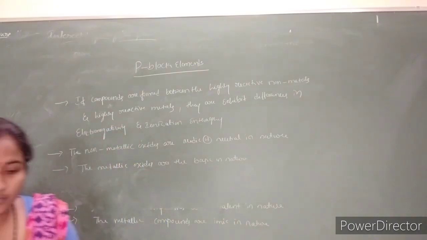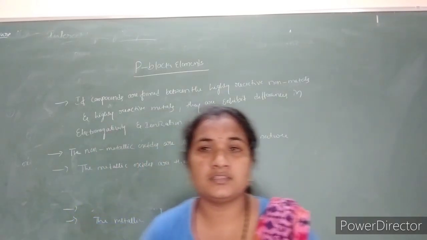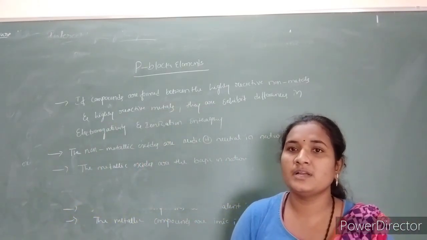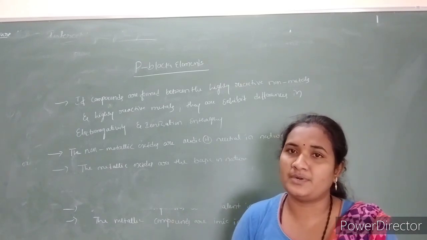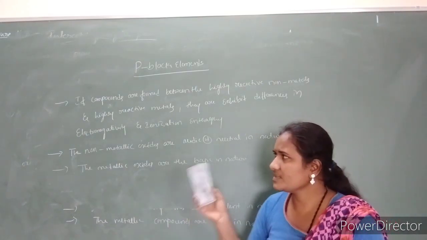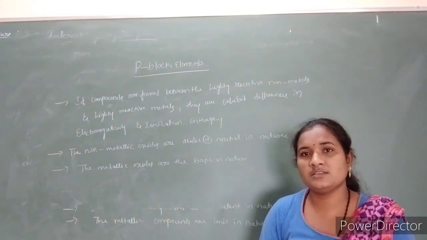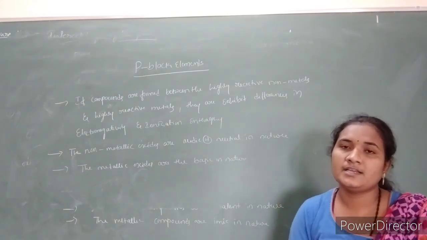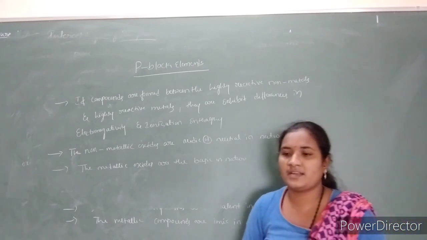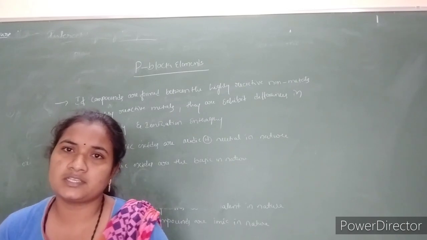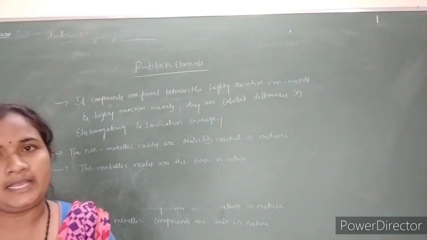One group element is different from the second group's elements, and elements belonging to the same group show different properties. All the first members of this group exhibit smaller size, smaller ionic radii and smaller atomic radii, so they also show some anomalous properties compared to other group elements.